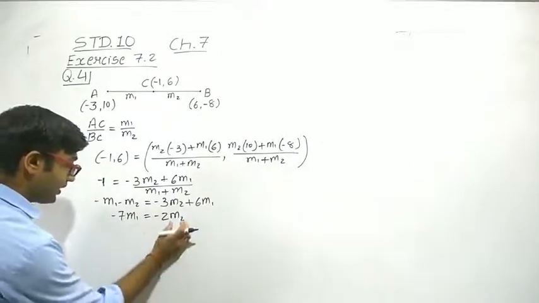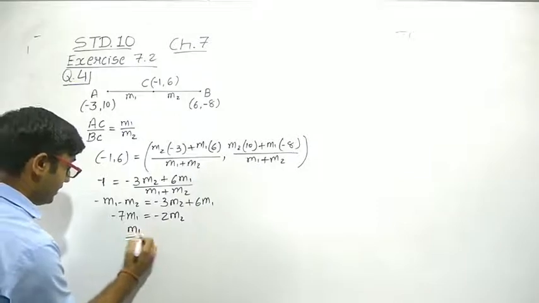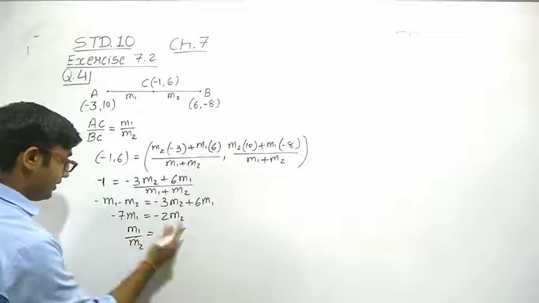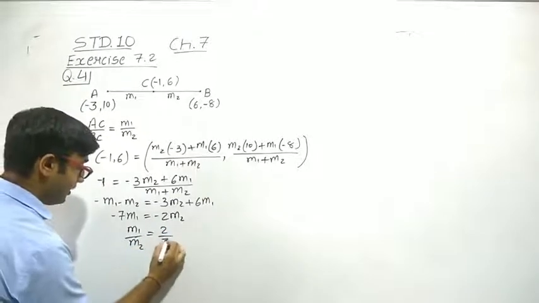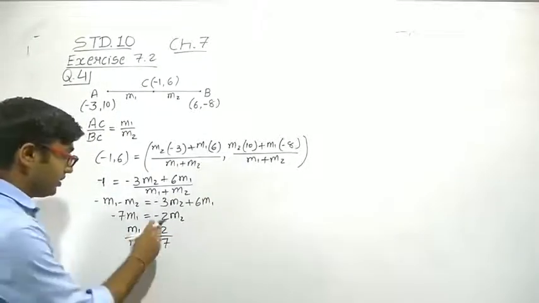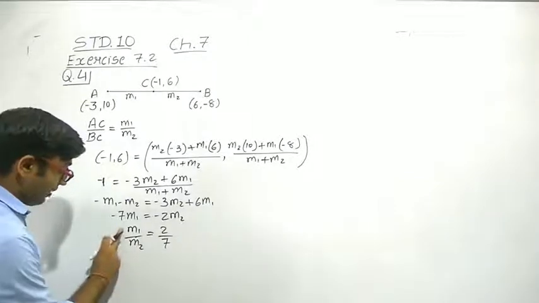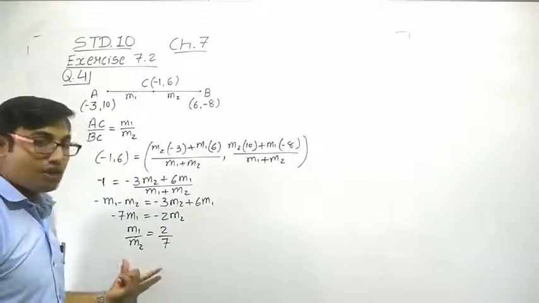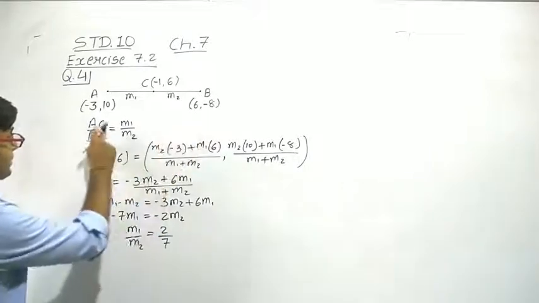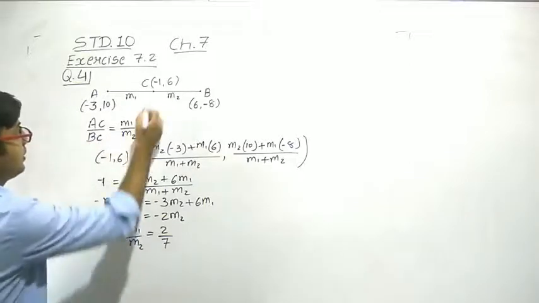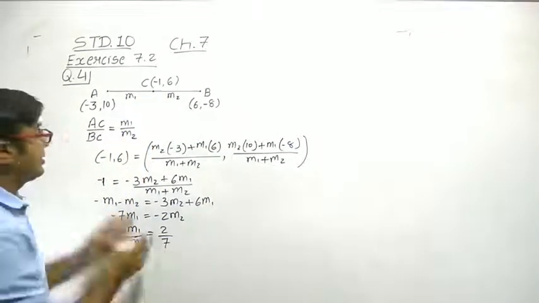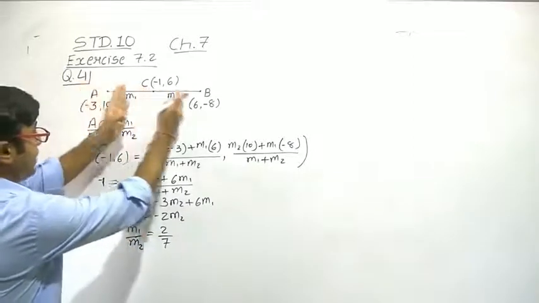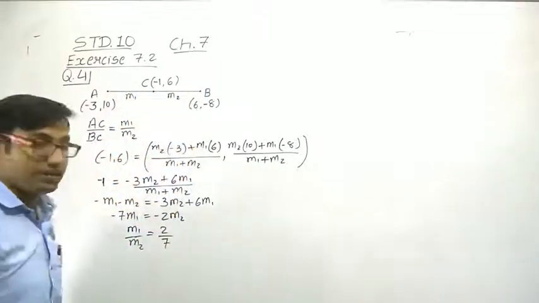If we take this m2 to the left hand side, it will be in the denominator with the m1, and by taking this 7 to the right hand side, it goes in the denominator with the 2. So we get m1 upon m2 is equal to 2 upon 7, and that is what we call the ratio AC upon BC, in which the point C divides the line segment AB. That means AC is 2 and BC is 7.